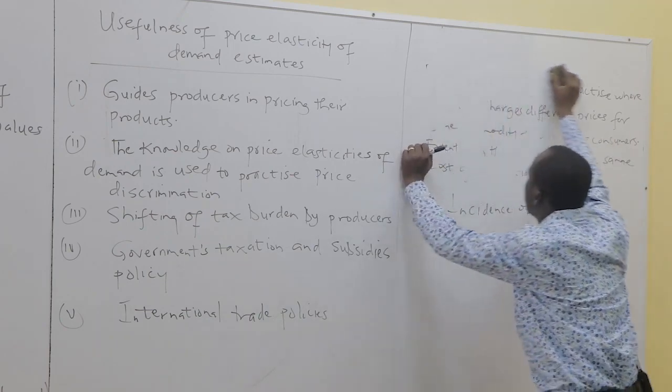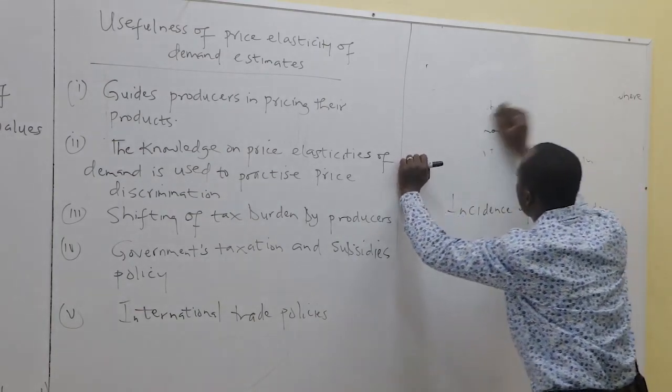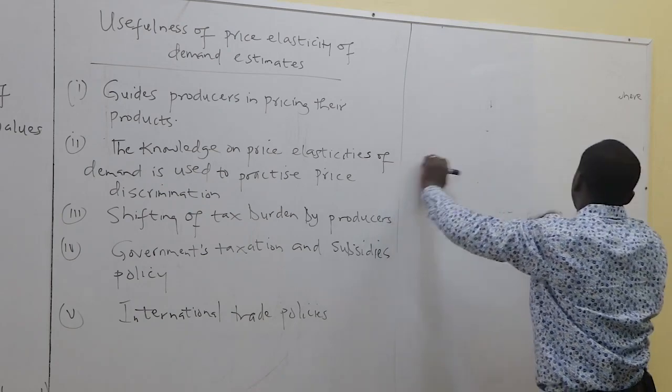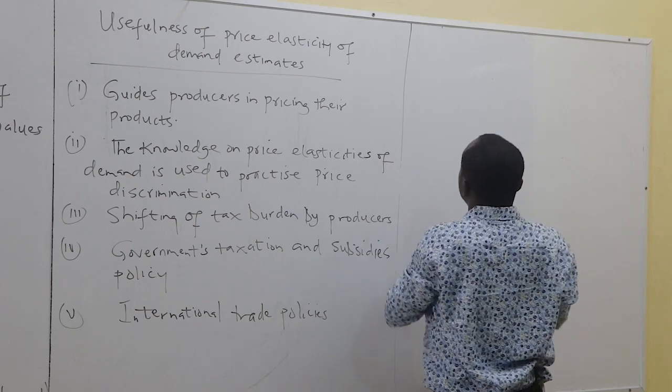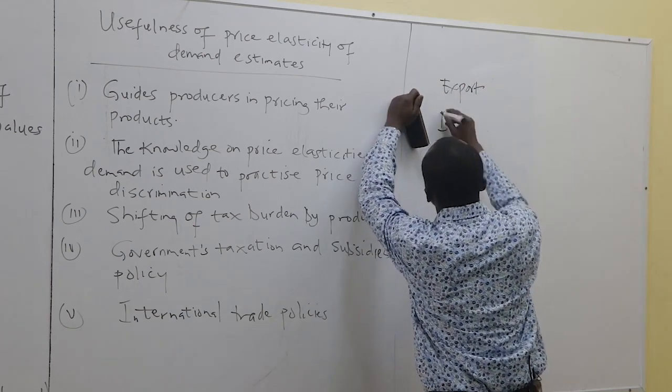government and international trade experts have to know your exports and your imports. Is people's demand for your exports and imports elastic or inelastic, right? Let's see the country's exports and imports.